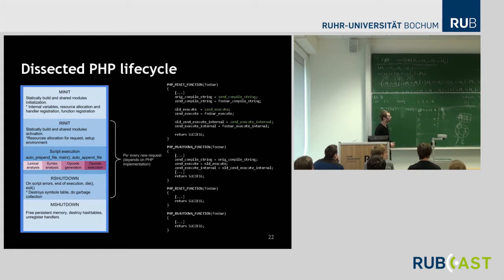Actually, how this block looks depends on the PHP implementation. Say if it is PHP CGI, not threaded, then it would execute on every request from minit to mshutdown. If this is threaded, then it will execute minit once, and then run from every init to rshutdown on every request separately.